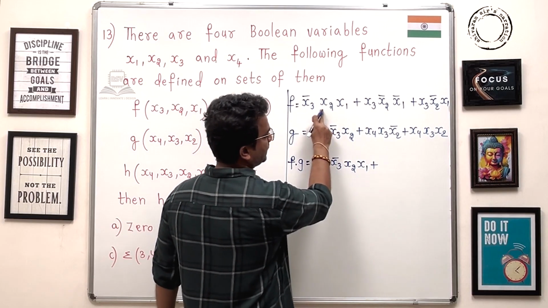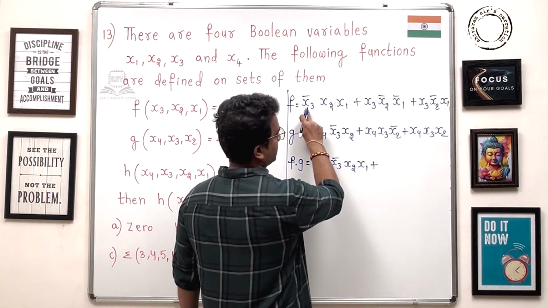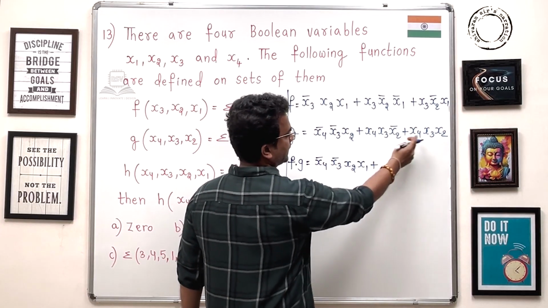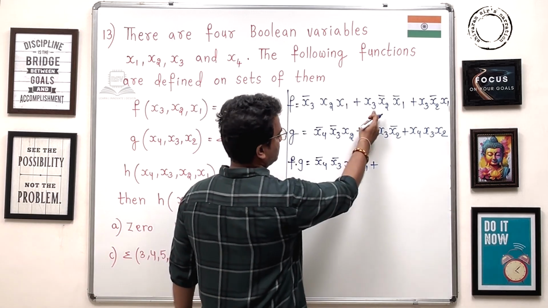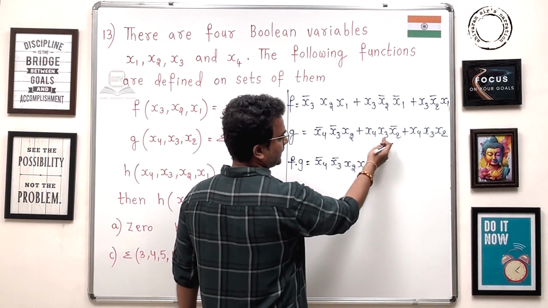Again, this term with the second: x3 bar, x3, 0. So the second two terms get cancelled and become 0. Again this one: x3, x3 bar, 0.